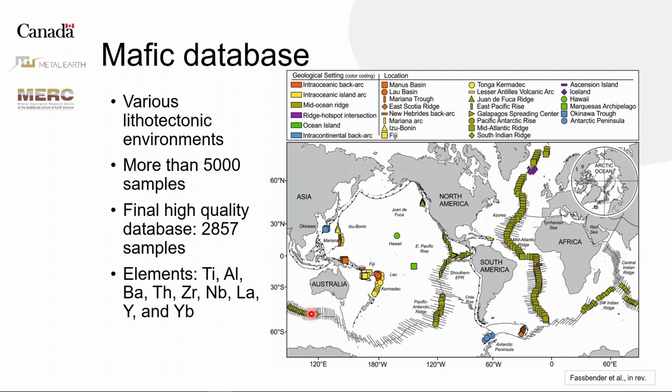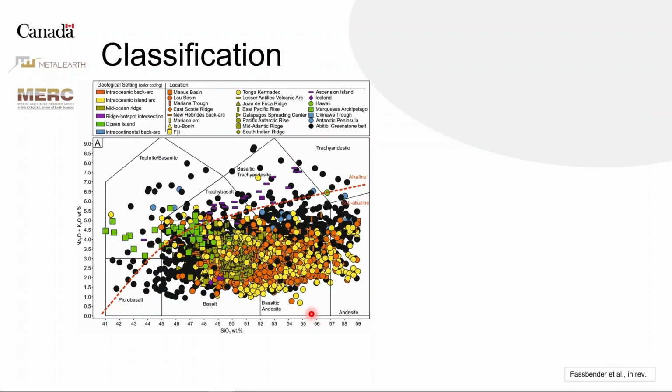We filtered that database again based on desired elements, based on their importance to identify certain lithotectonic environments, and that resulted now in 2,875 samples. We classified them as well, and now the problem becomes pretty obvious.